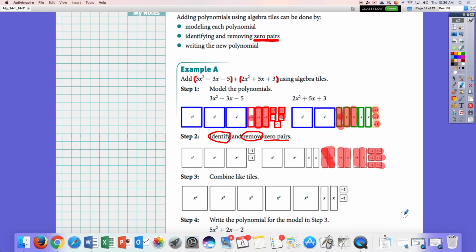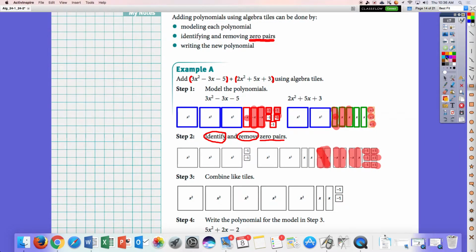So when we remove all the pairs, what we are left with is going to be 5 positive x squares, because none of them canceled, we had no negative x squares. We are going to have 2 positive x, which are left over from our second polynomial.